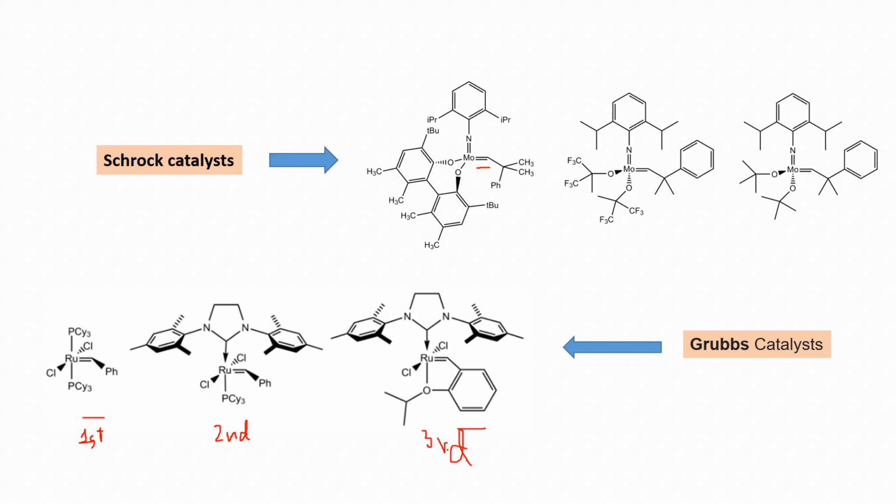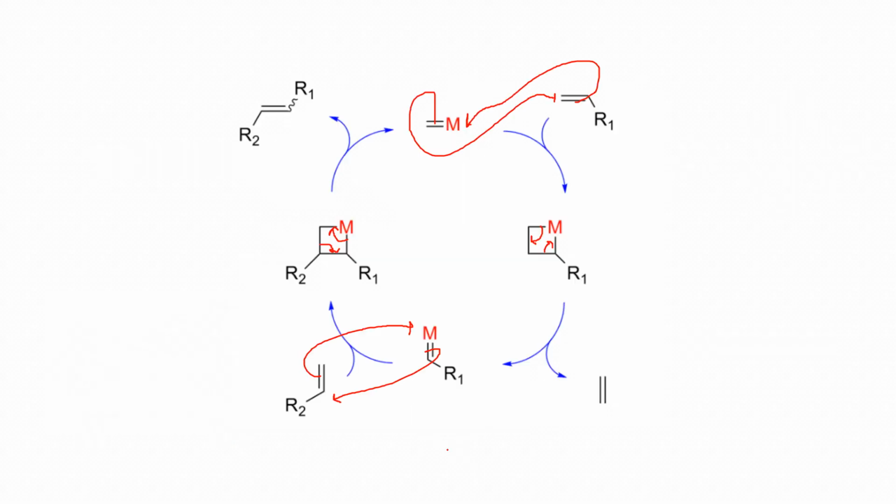Using this type of catalyst we can cleave a carbon-carbon double bond or form a carbon-carbon double bond from two alkenes. How does it go? If you are given two different alkenes and you add this Grubbs reagent, it undergoes a cyclization like this.